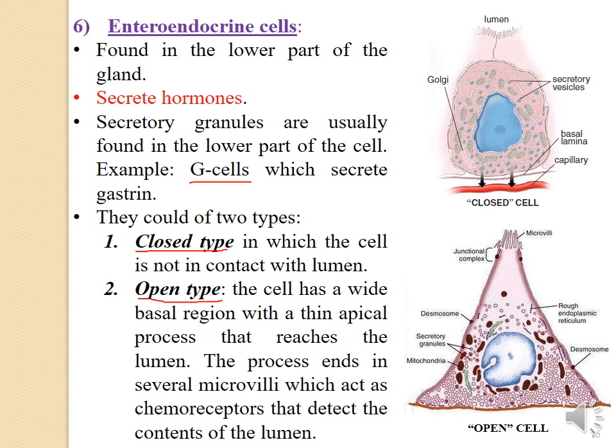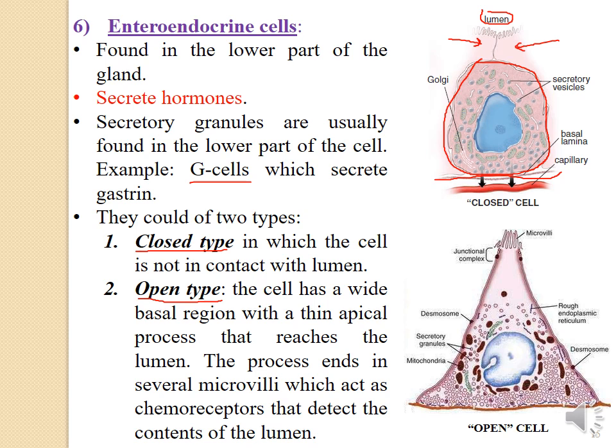This is according to whether they are in contact with the lumen or not. In the closed type, this is the enteroendocrine cell. It is resting on the basal lamina, but the other cells surround it completely so that the enteroendocrine cell is not in contact with the lumen. This is what is called the closed type.